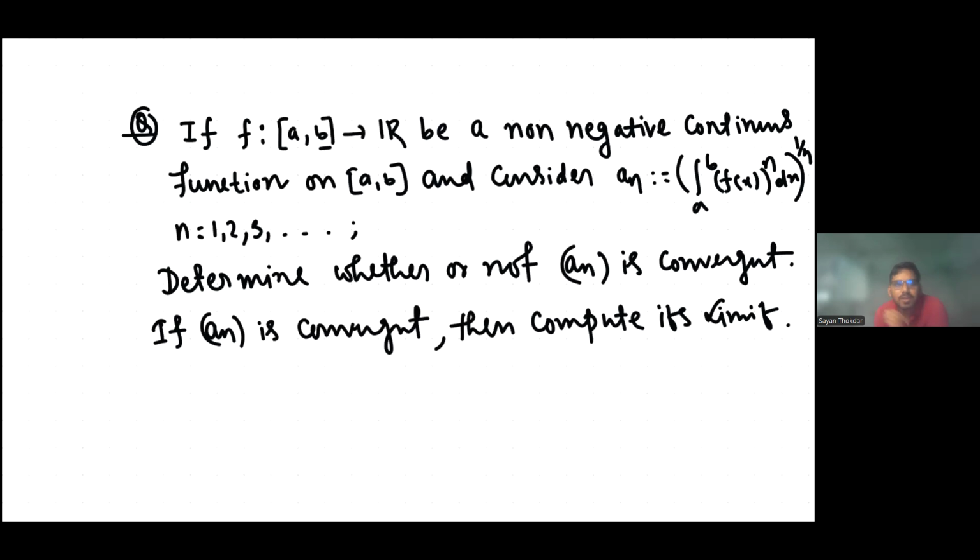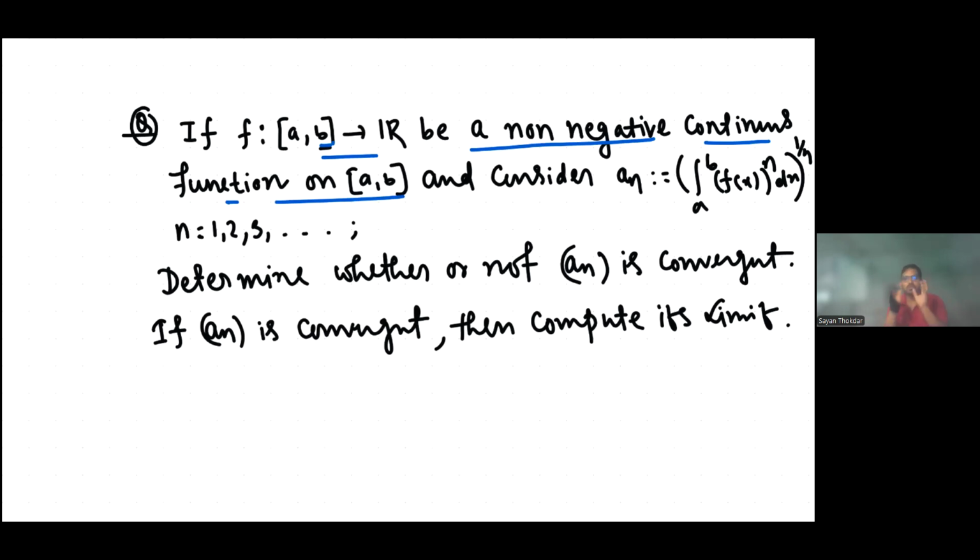First, what the question says: f from the closed interval [a, b] to R is a non-negative continuous function on [a, b]. We all know what we mean by continuity on a set: it means f is continuous at each and every point of that set.